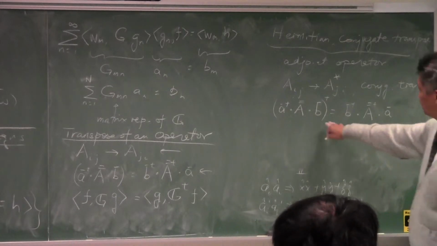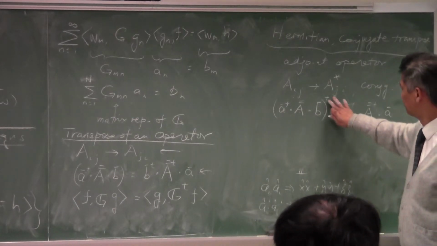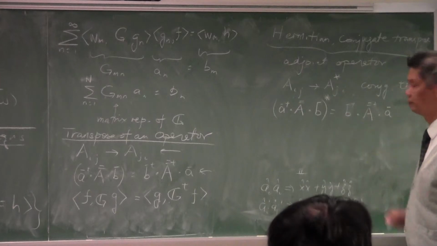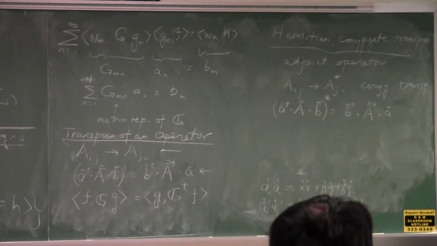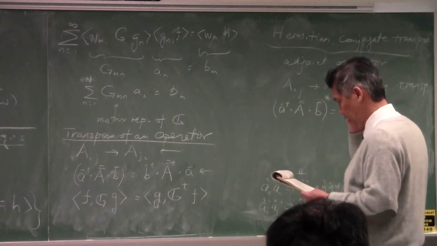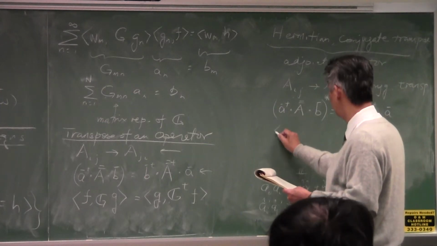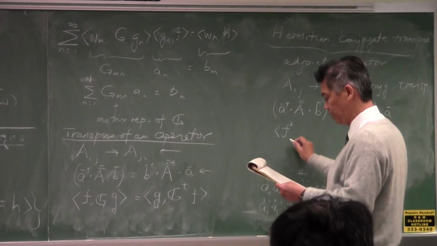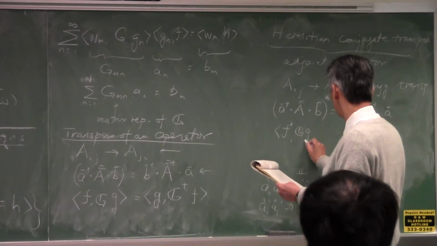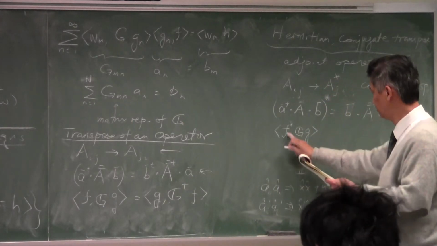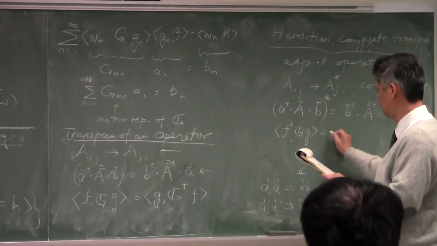But then this is a scalar number. The conjugate transpose can be replaced by conjugation. Agreed? So you can extend this to Hilbert space and obtain the definition of the conjugate transpose using my notation, which is this. Not the mathematician notation, but I put this explicitly.